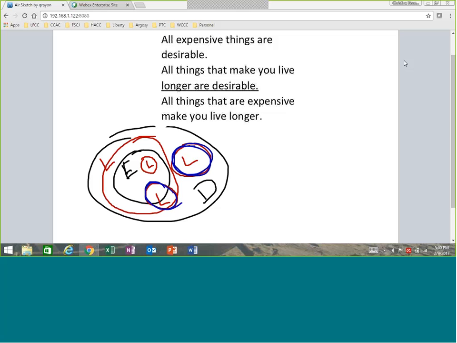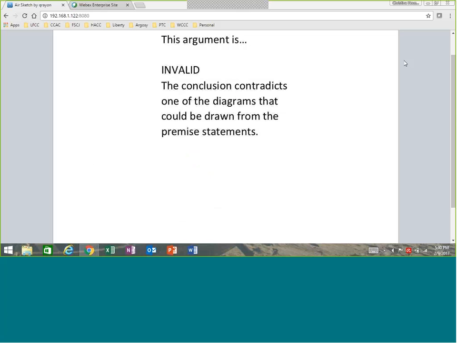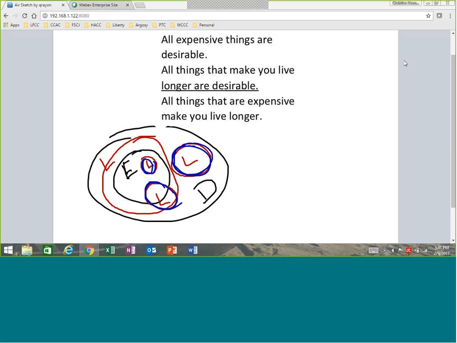So for this one, this argument is invalid. The conclusion contradicts one of the diagrams that could be drawn from the premise statements. And it could be any of those. All you need is one. We have more than one contradiction here. This one as well.